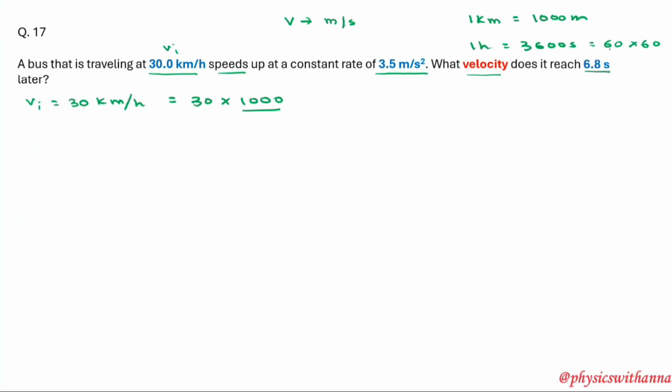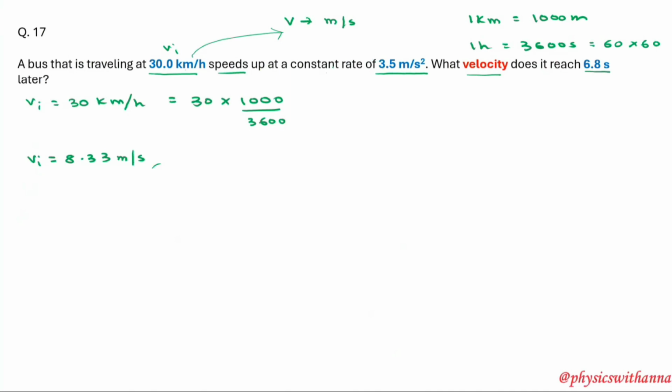When you multiply them together, you get 3600. So I will divide this by 3600. This gives me my initial speed equal to 8.33 meter per second.